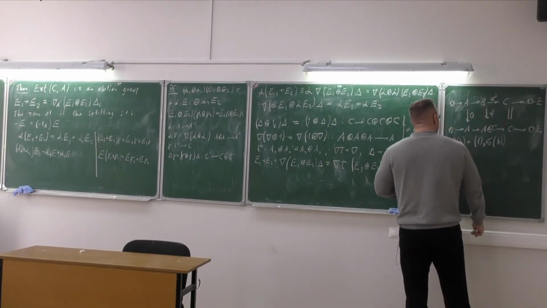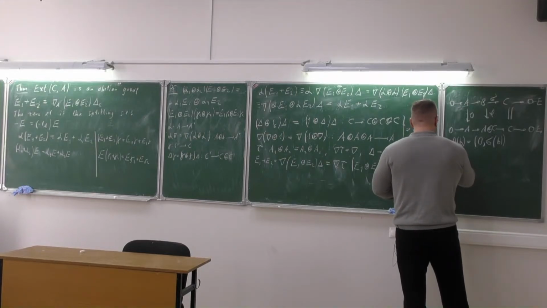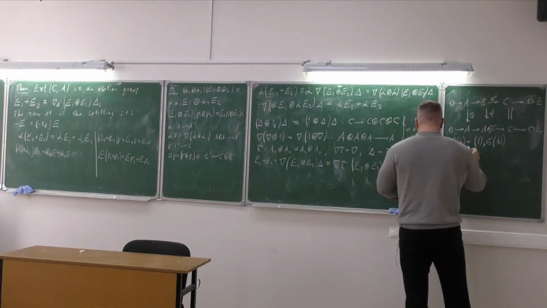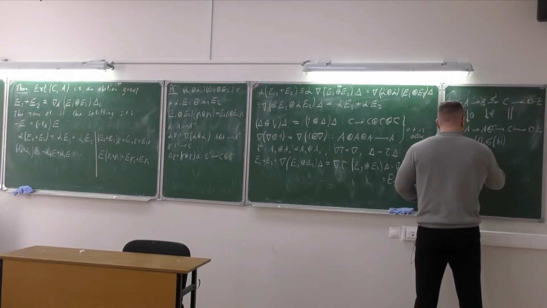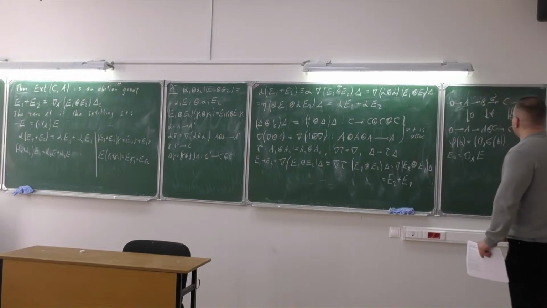So then from this diagram we can see that E0 is the zero map on A, which I apply on the F to the extension E.